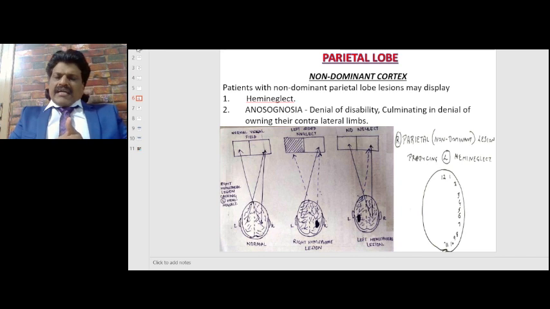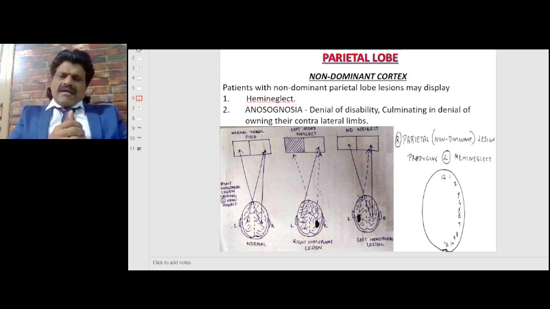You can see in the diagram that the right parietal lobe controls both sides, whereas the left controls only the right extrapersonal space. So if the right is affected, both are affected, but this is compensated by the intact left parietal lobe, so they'll have left hemi neglect. Whereas if the left is affected, only the right extrapersonal space is affected, and that is compensated by the intact right parietal lobe. So it is the right parietal, non-dominant lesions which produce left hemi neglect.